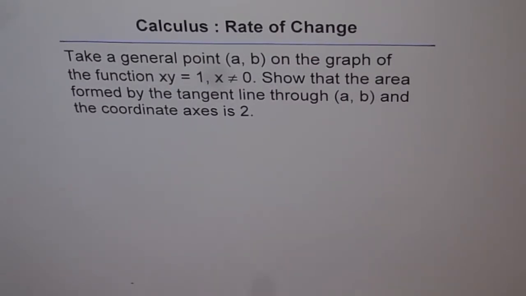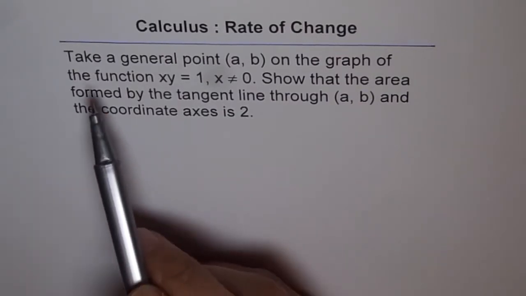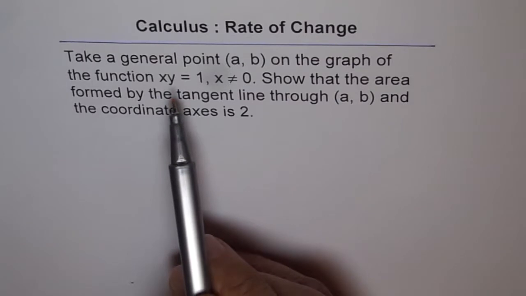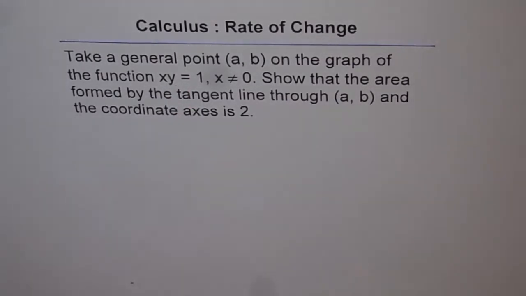Try to read this problem again and understand what it is talking about. Let's go through it once again. It says, take a general point (a, b) on the graph of the function xy equals 1. So what is this function?